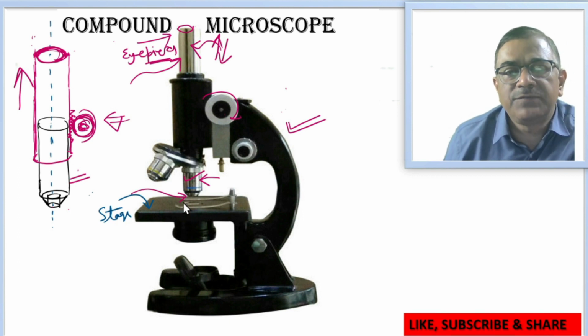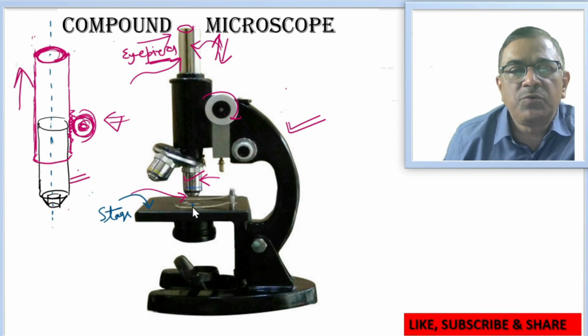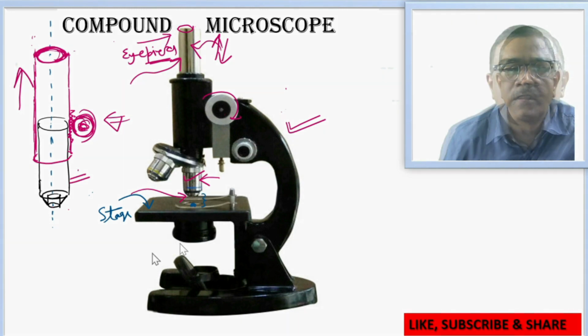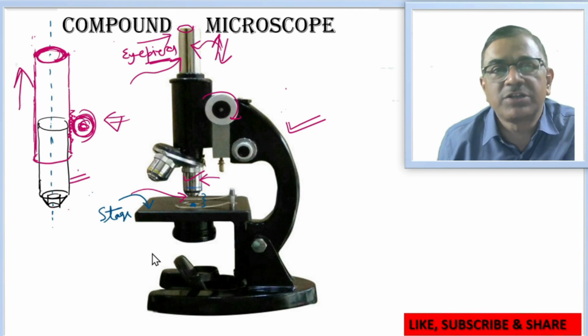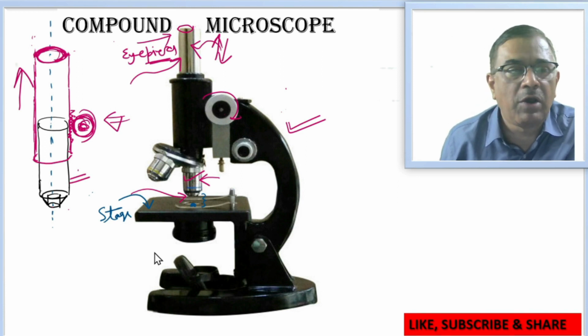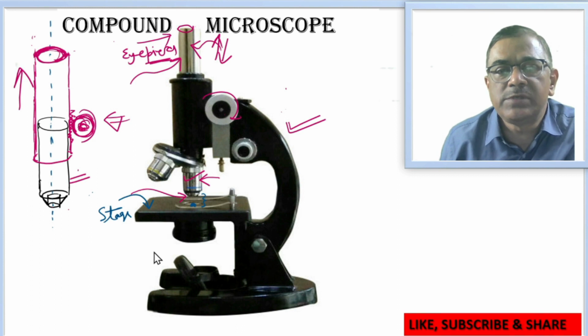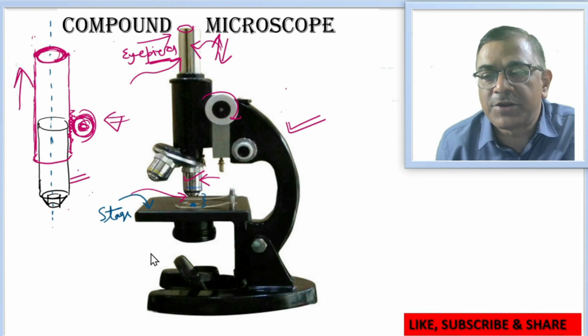Extremely tiny objects which we want to see, we place just under this objective lens over this stage. So the distance of the object from the objective lens is always fixed. This completes the construction part of the compound microscope. Now I will switch over to the principle and other related details.